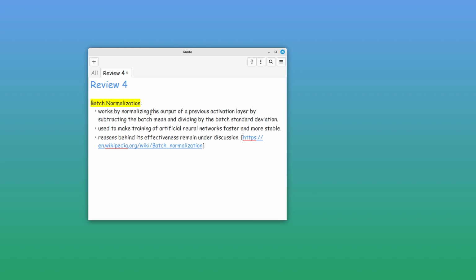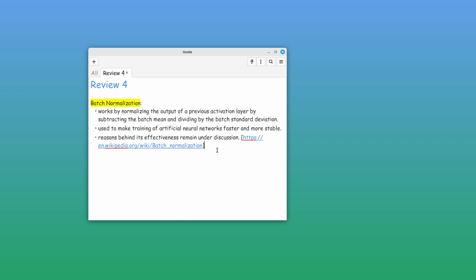It works by normalizing the output of a previous activation layer by subtracting the batch mean and dividing by the batch standard deviation. It's used to make training of artificial neural networks faster and more stable. But, and here's the weird part, reasons behind its effectiveness remain under discussion. I got that from Wikipedia.